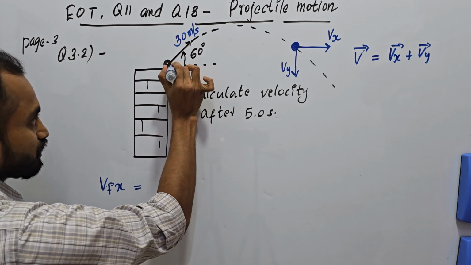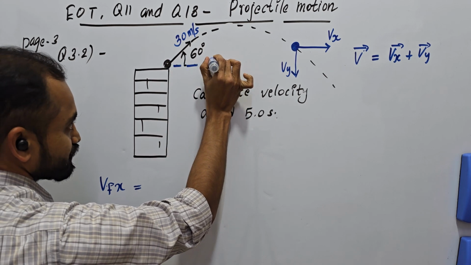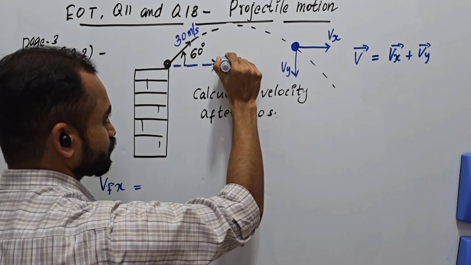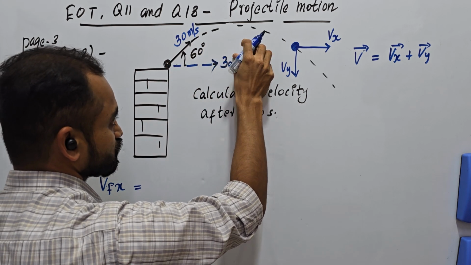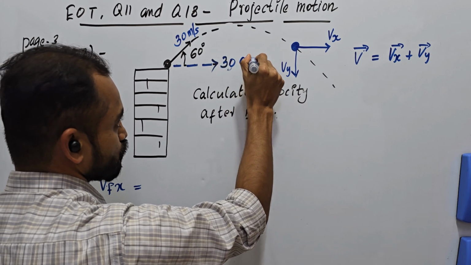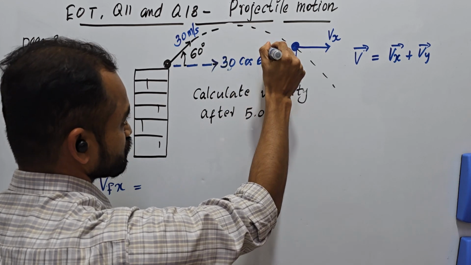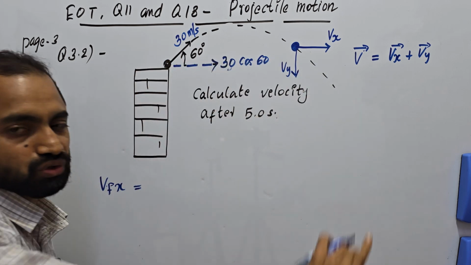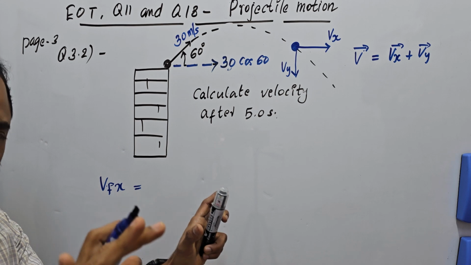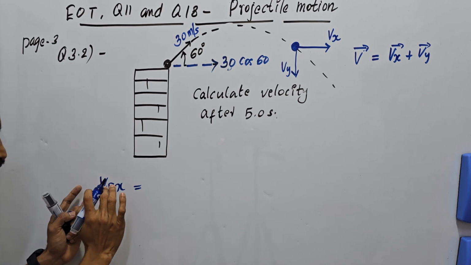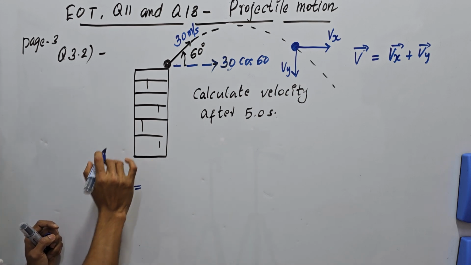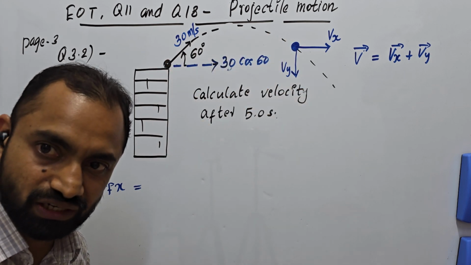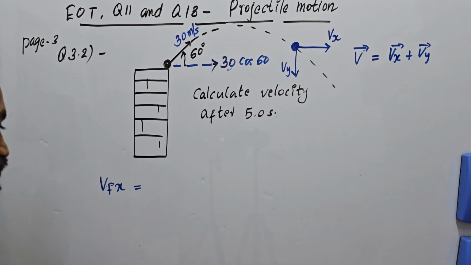So Vx, the horizontal component of the initial velocity, is 30 cos 60 degrees. We know that the velocity along the horizontal direction is always constant for a projectile. The initial velocity in the x direction and the final velocity in the x direction are the same.